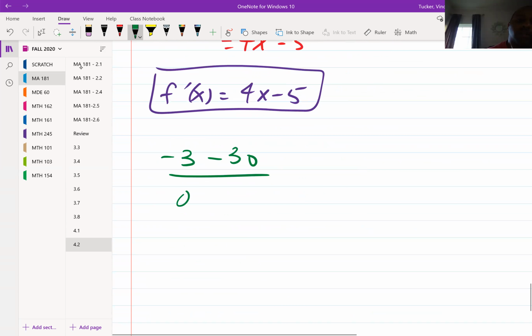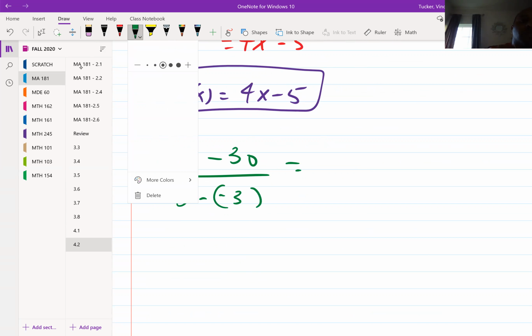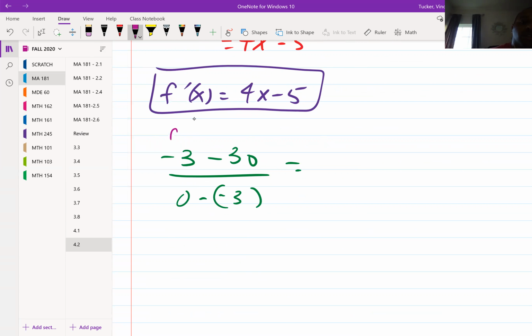So 0 minus -3. So this is f of B, f of A, B and A. -33 over 3 is -11.